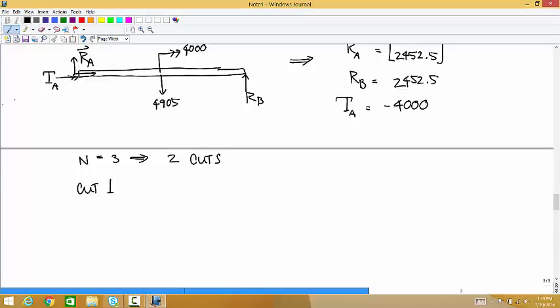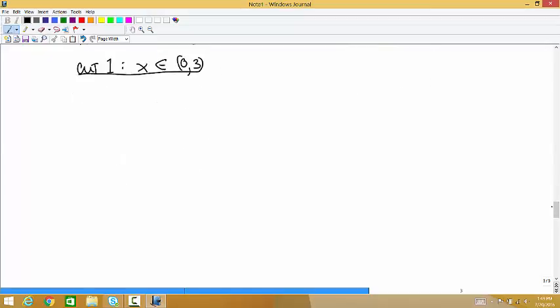Okay, so cut 1 for x values between 0 and 3. Finally we got to your question: how do we represent this distributed load? Well, we have the upward force of 2452.5. We have the torque this way of 4,000.